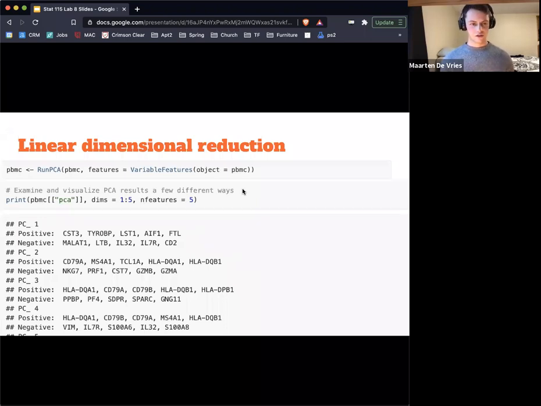Note that when I say coefficient, remember that each principal component is just a linear combination of all the genes, essentially a weighted sum. It's like some scalar times CST3 plus some scalar times TYROBP, et cetera.